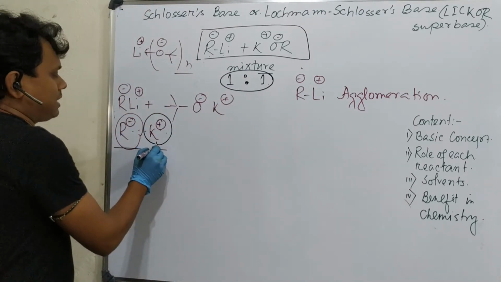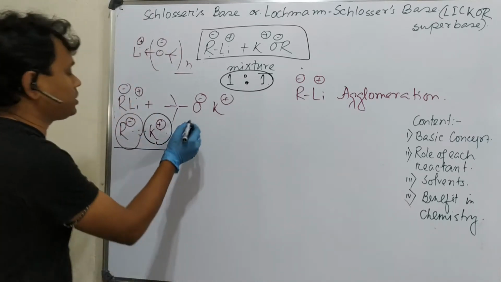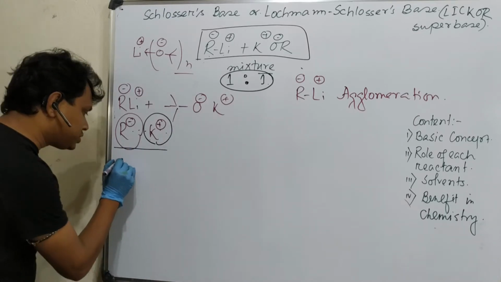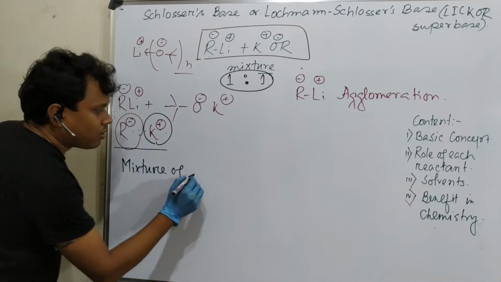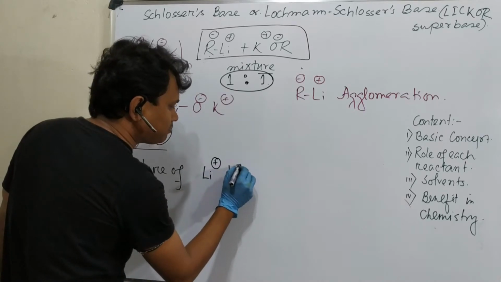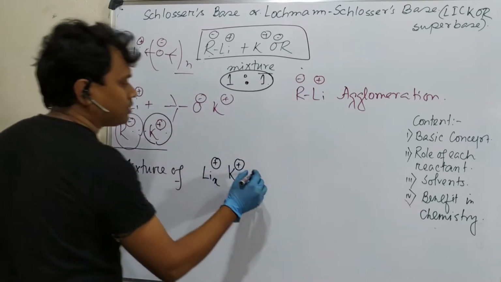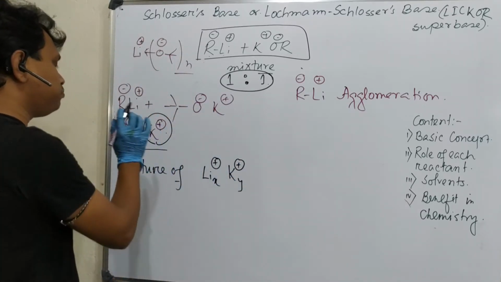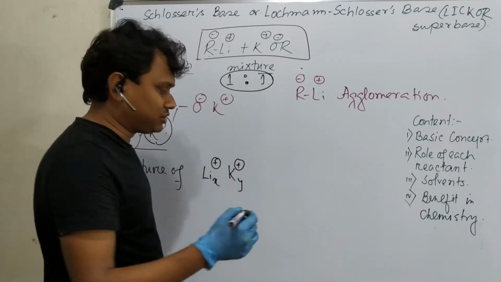Fine. So what we have understood, this is actually the conclusion of this discussion. This is a mixture of lithium plus potassium, you can say X, Y. Before this it is R minus, but after it generates something.